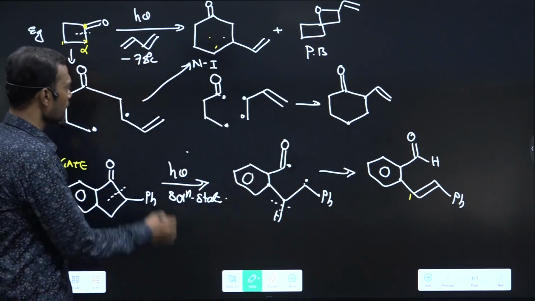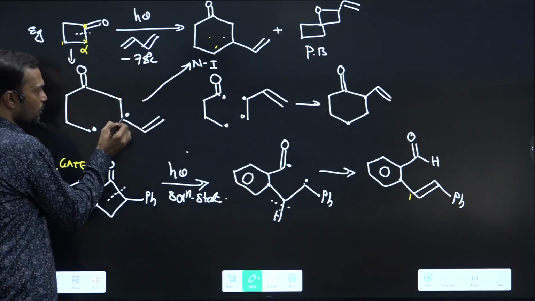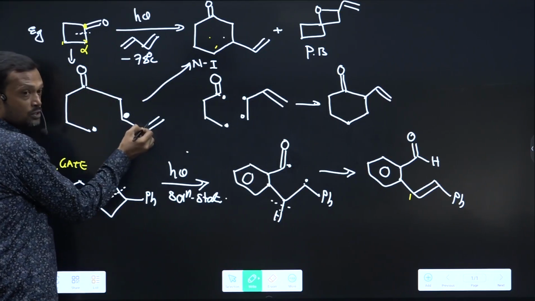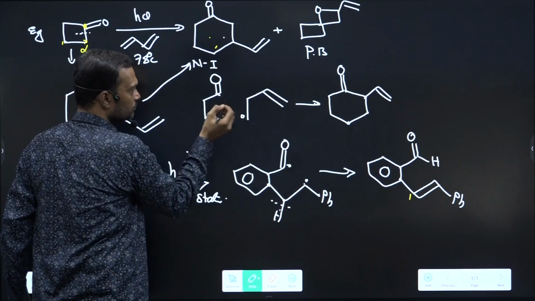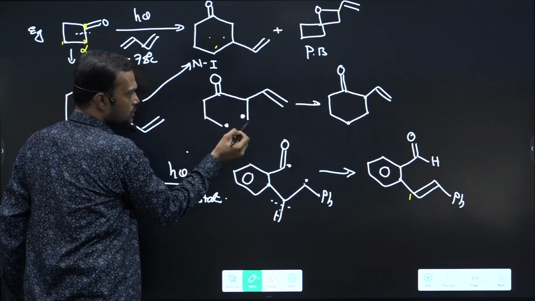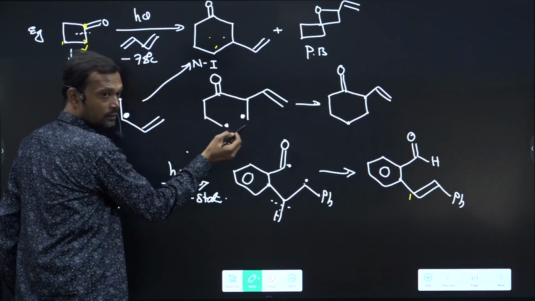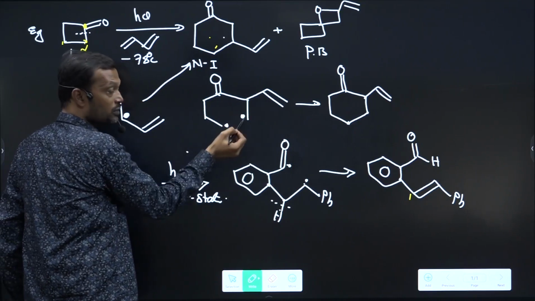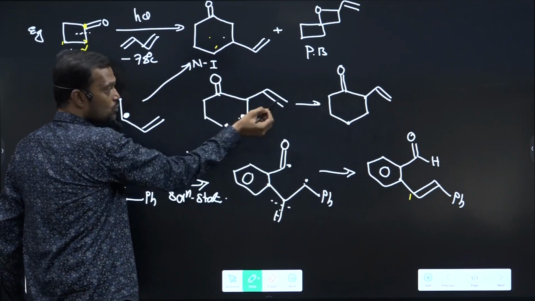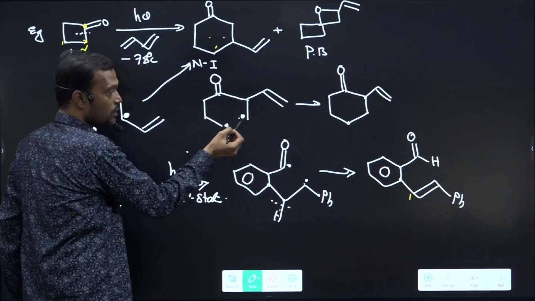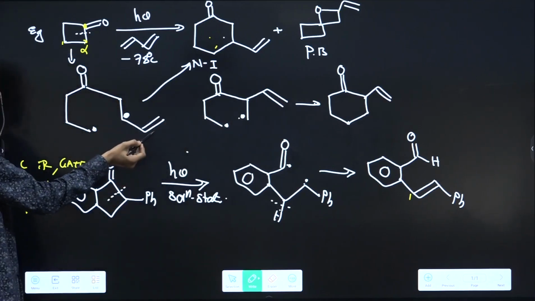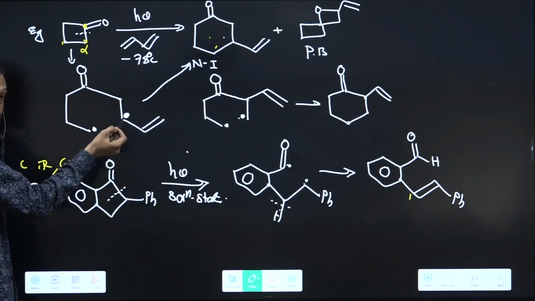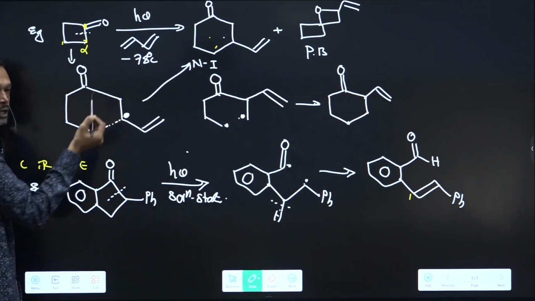So in this one, when these two radicals are coupled together, this radical is stabilized by conjugation. Suppose these two radicals are coupled together, now what about this radical? Is it primary? Primary. Is there any stability factor for this radical? There is no conjugation first of all. Is it stable or unstable? Unstable. But what about here? This radical is stabilized by conjugation, so lifetime increases, and slowly these two are coupled together.